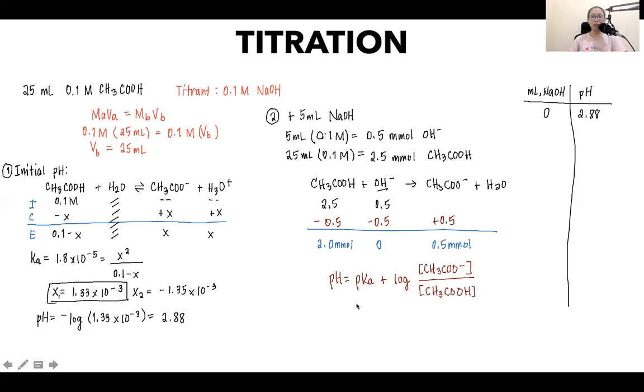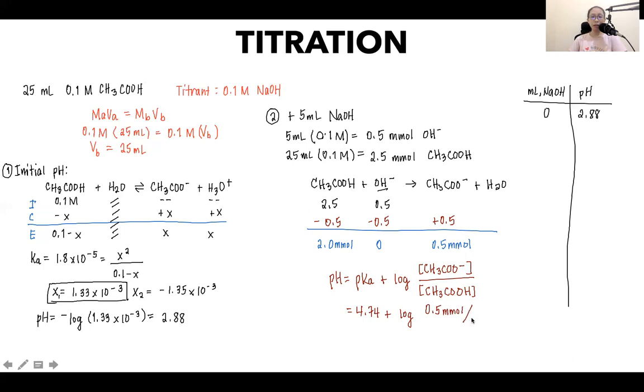You know that the pKa is negative logarithm of 1.8 times 10 to the negative 5. That's 4.74 plus logarithm of, how do we get the concentration of the base? We know that we have 0.5 millimole. We divide this by the volume in ml so that we still get molarity.